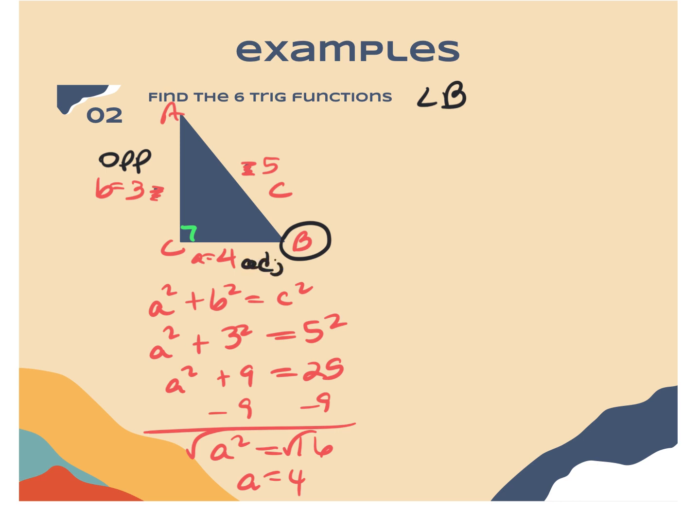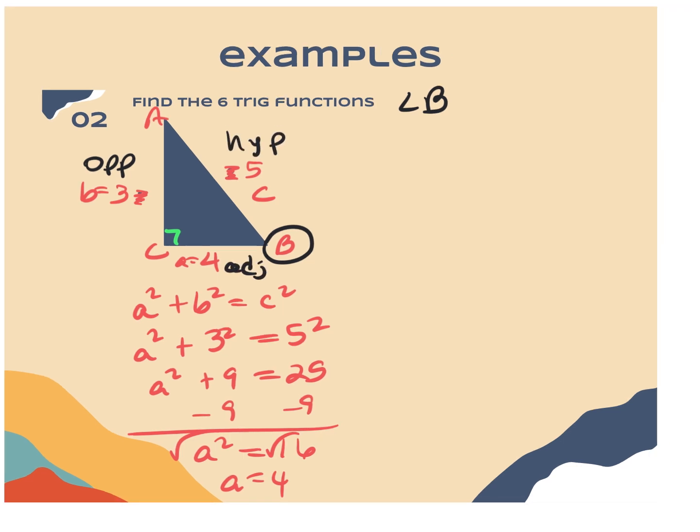This would be adjacent, and this would be hypotenuse. So again, sine, we could either use our acronym SOH. So sine of angle B would be either opposite over hypotenuse or y over r. And then here we would just put in 3 over 5.